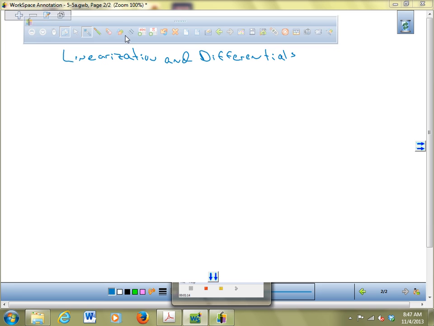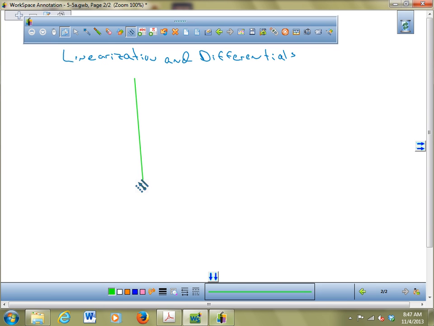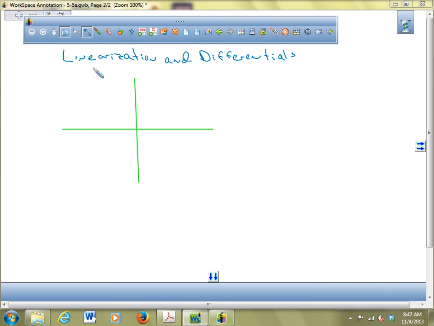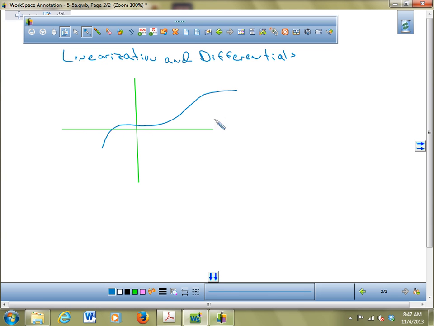Linearization and differential. The idea behind this is that if you have a curve, some arbitrary curve or some function going like this, as you get very close to some value on the curve, it's called local linearization.